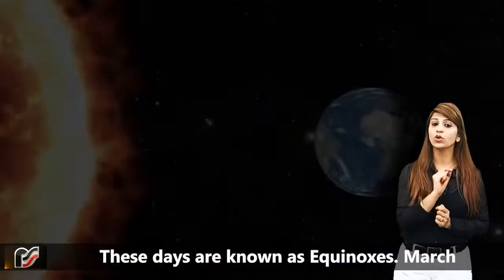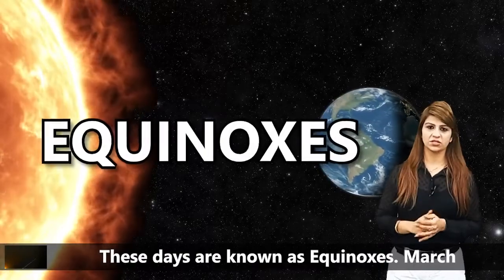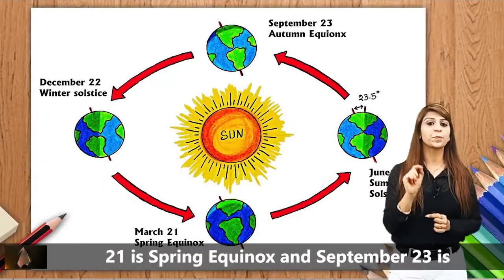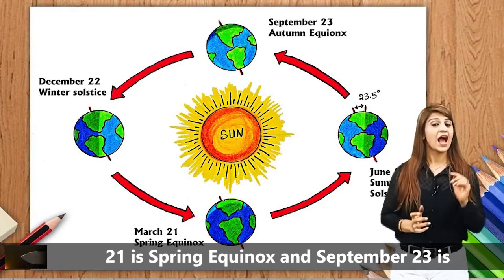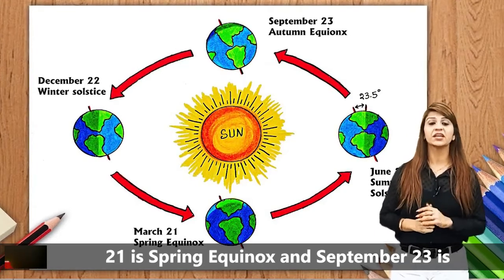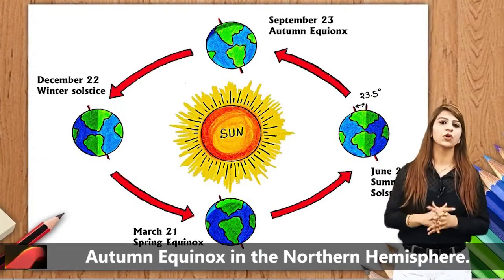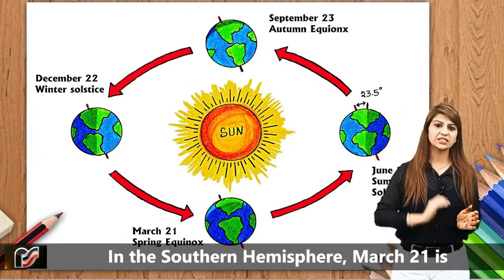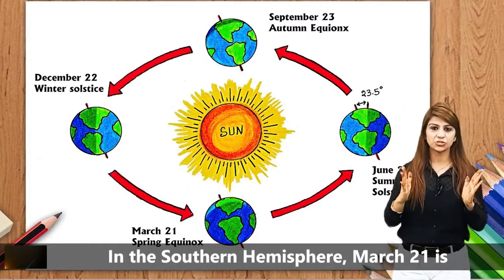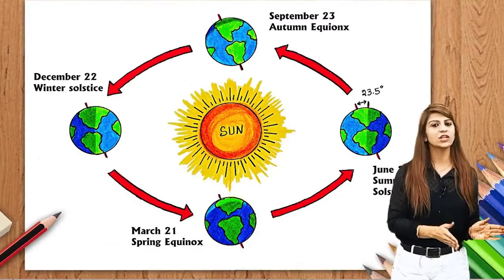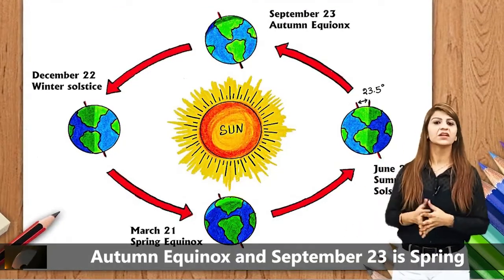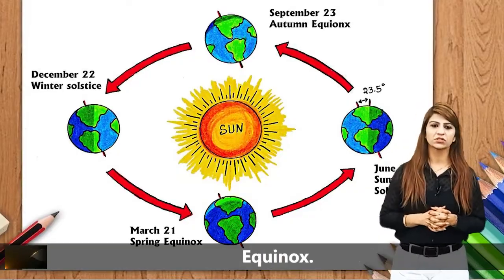These days are known as equinoxes. March 21 is spring equinox, and September 23 is autumn equinox in the northern hemisphere. In the southern hemisphere, March 21 is autumn equinox and September 23 is spring equinox.